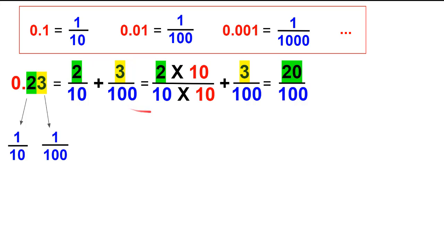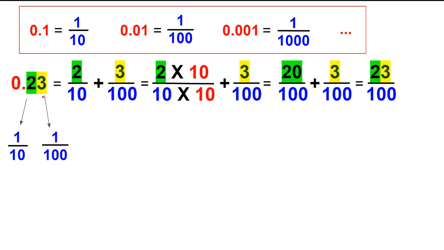The 3 over 100 stays the same. The reason that we multiplied it is that we want to get the same denominator, 100. So we have 20 over 100 plus 3 over 100, which is 23 over 100.